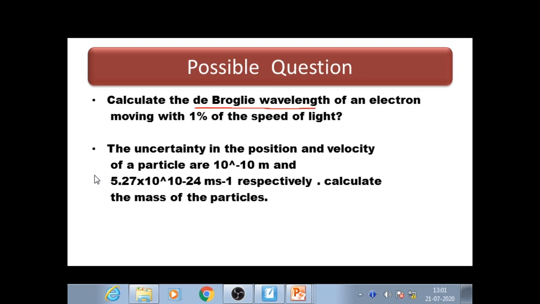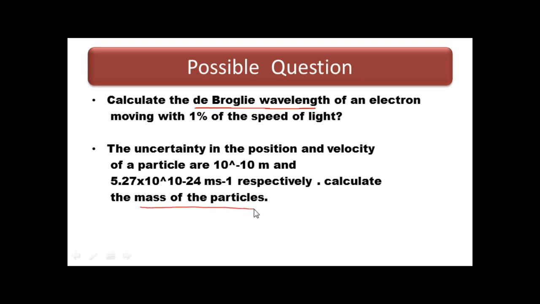What are we going to calculate? The mass of the particle. So delta x is given, 10^-10 m. Delta v is also given, 5.27 × 10^-24 m s^-1.